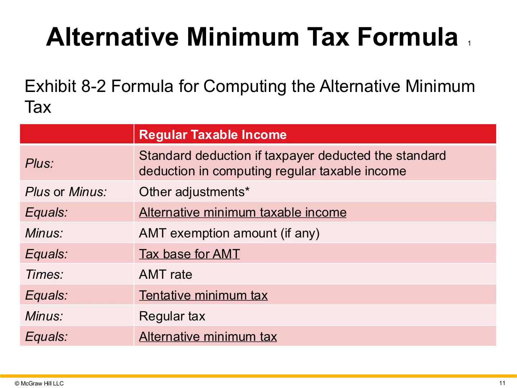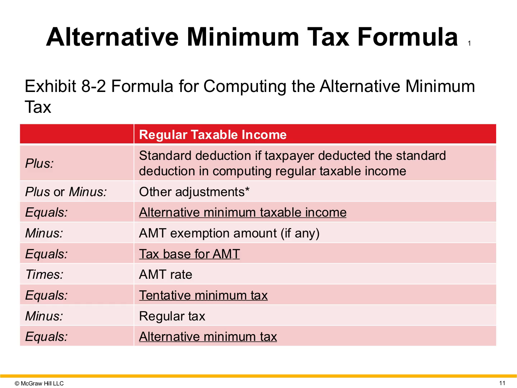And so what those rates are, it's 26% of the first $239,100. And then it is 28% on the alternative minimum tax base in excess of that $239,100.